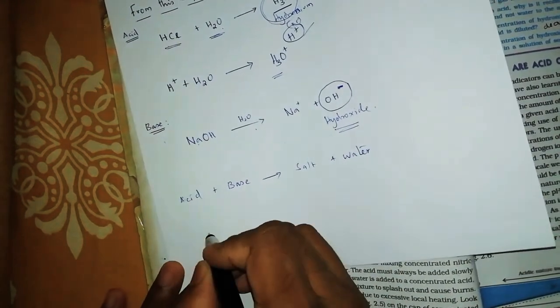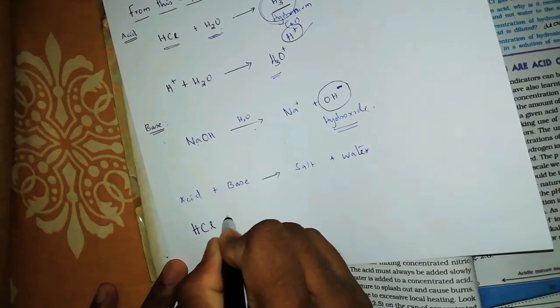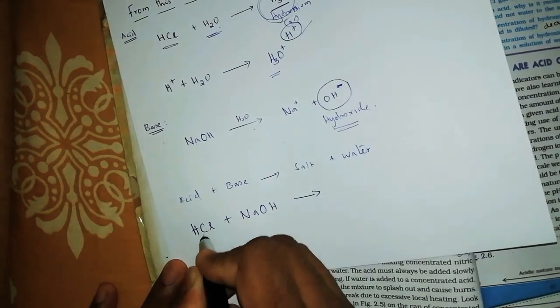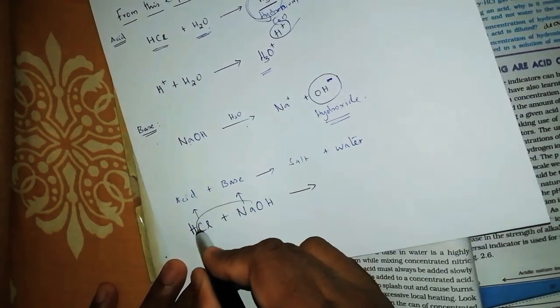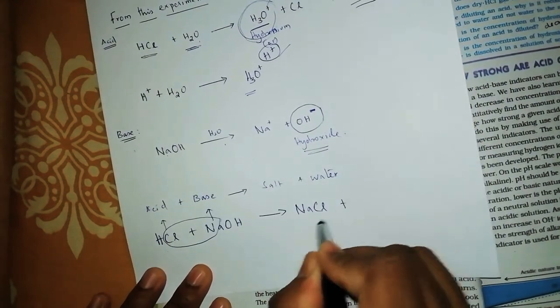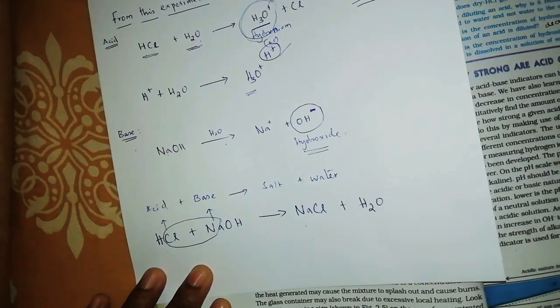To show this, we have an experiment. Hydrochloric acid reacts with sodium hydroxide. Hydrochloric acid is an acid, and the base sodium hydroxide reacts with it to form sodium chloride, which is a salt, and the remaining product is water.